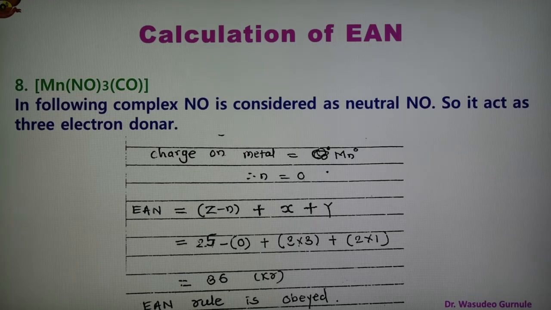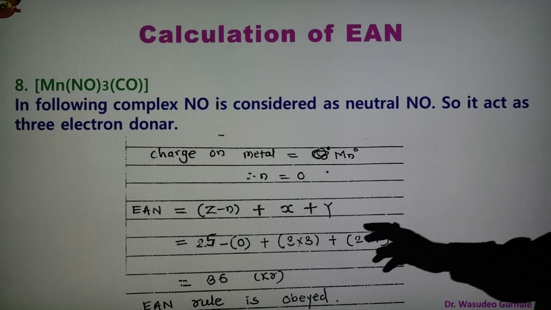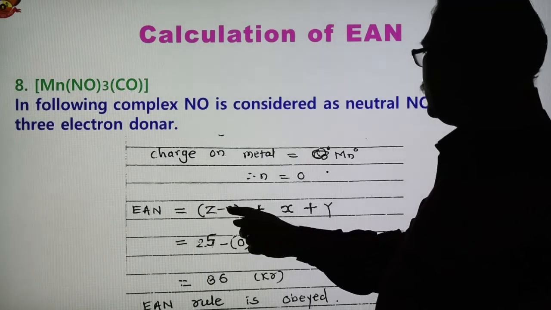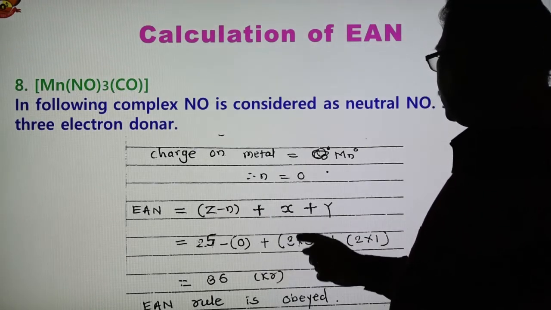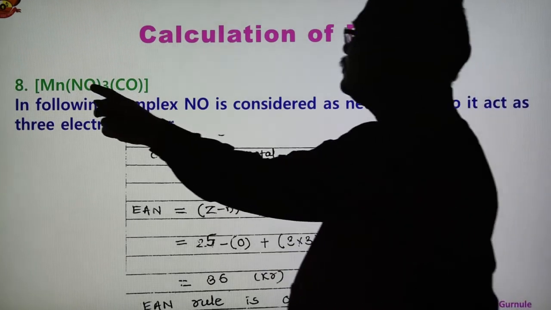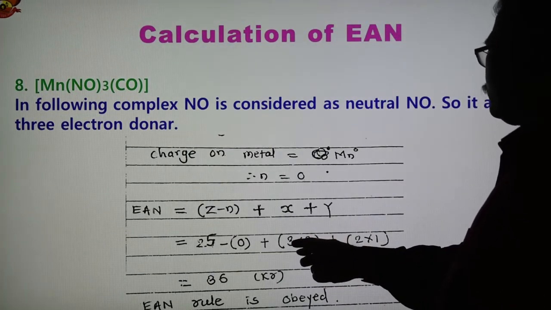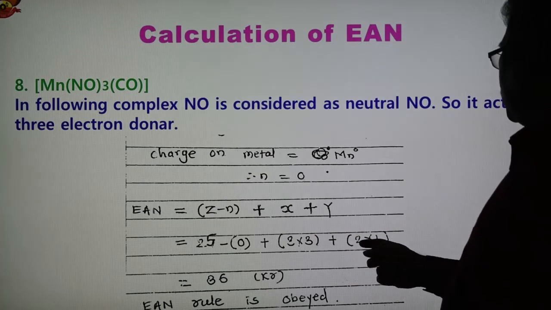Now I am repeating here: atomic number Z is 25, N is 0, X is 3 NO which are neutral, and each NO donates 3 electrons, therefore 3 into 3. And CO is 2 into 1.